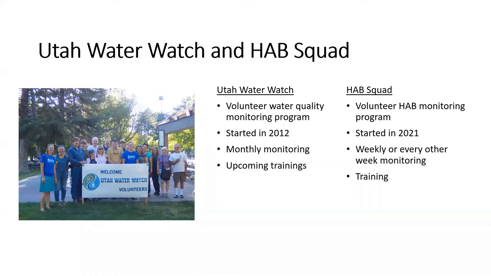If you're able to get out there weekly or every other week, that's really helpful for us. For the training part of this, just attending this webinar or viewing it later, you will have the training. This is essentially the training, and you can go out and be a Utah HAB volunteer, part of our Utah HAB squad.